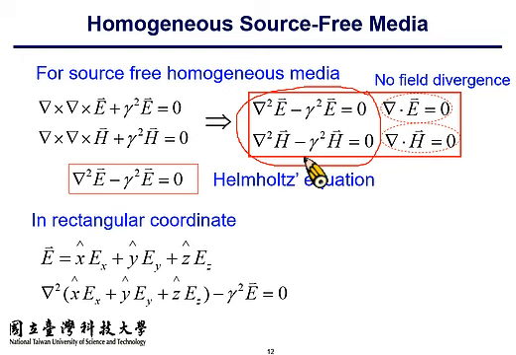So, for field variations that comply with this format, which is referred to as the Helmholtz equation here, the most general name for this kind of equation is the so-called wave equation.